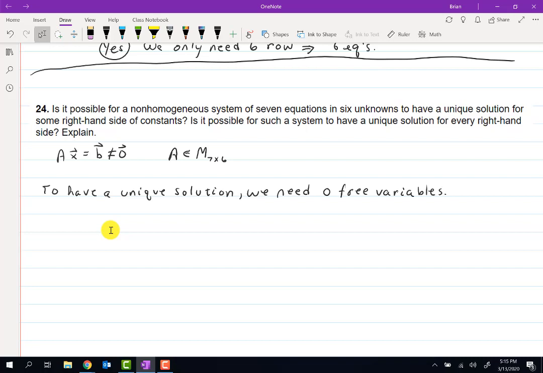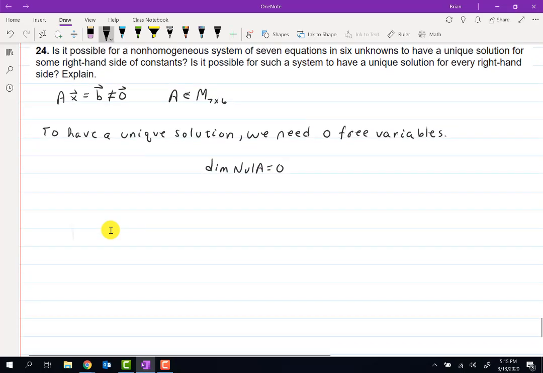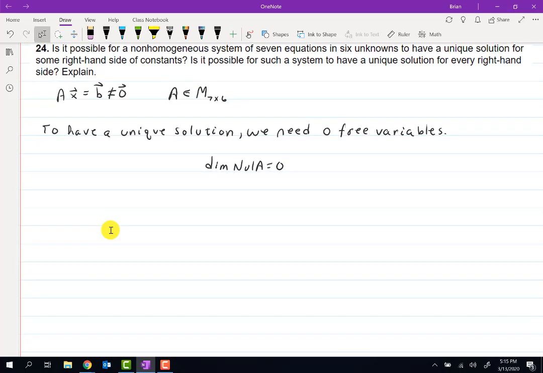So 0 free variables tells us that the dimension of the null space is equal to 0. Well, let's take a look then. Rank A plus dim null A equals a total of 6. And since I am assuming dim null A is 0, rank A is equal to 6.